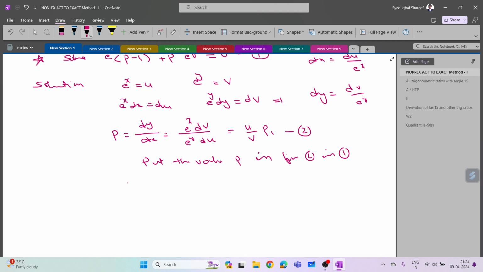So what is your p? u by v p1 minus 1 into u cube plus p cube. What is p cube? u by v p1 whole cube, e to the power of 2y is v square, equal to 0.